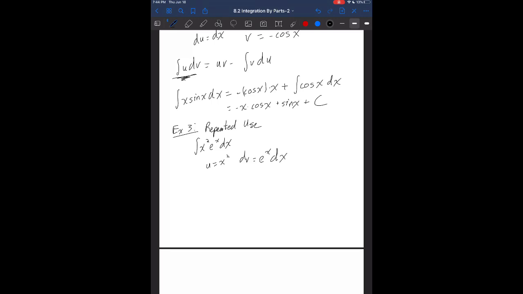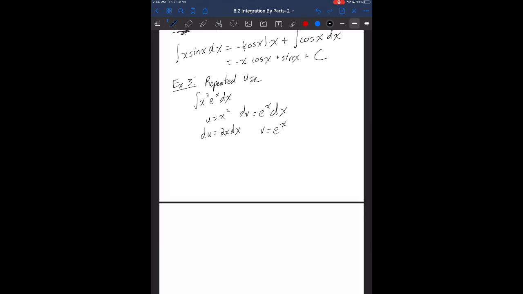All right, we are taking derivatives of u to get du, so du is 2x dx, just by taking the derivative of x squared, and we take integrals of dv to get v, which in this case, the integral of e to the x is still e to the x, so v is e to the x.